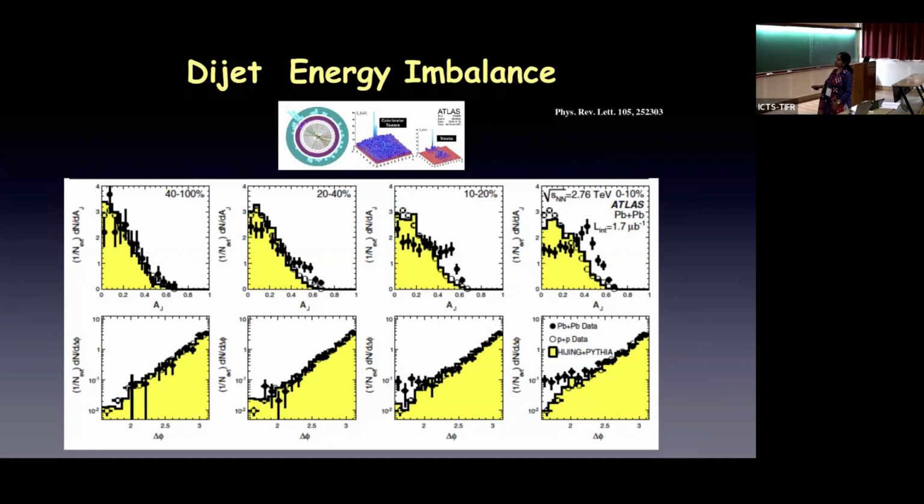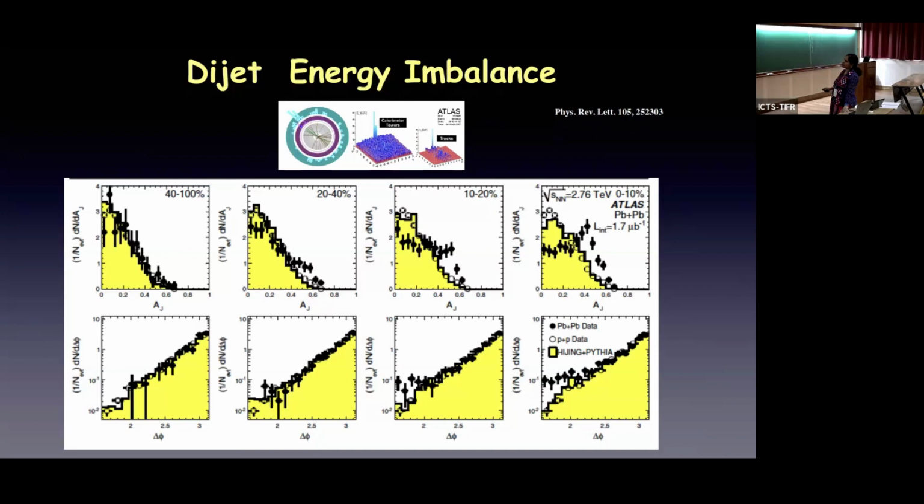Now you have a comparison for two systems: lead-lead, and the open circles are PP collisions, and then these are HYDJET plus PYTHIA, that is, PYTHIA jet events embedded inside HYDJET, which gives you the heavy ion background. What you see here is as you go from peripheral collisions to central collisions.